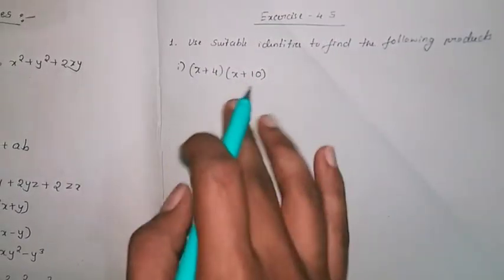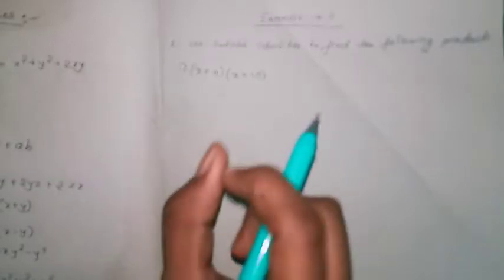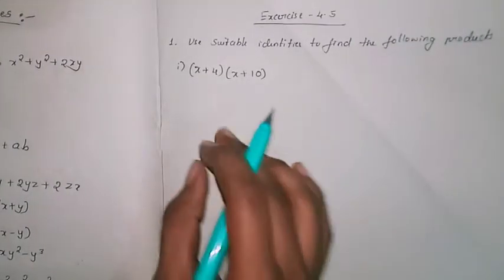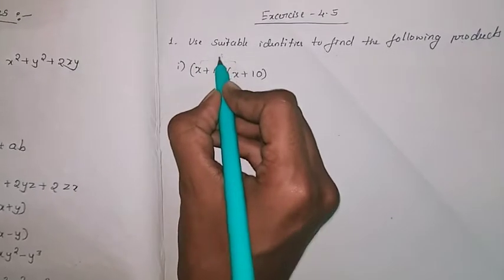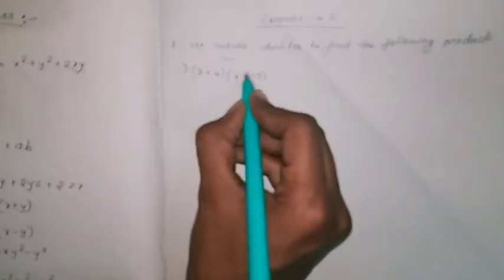Now you have to find which identity it includes. For that, first observe the sign they have given and what the similar terms are. You can observe that x and x are the same here, and 4 and 10 are two different numbers, but the sign is positive.